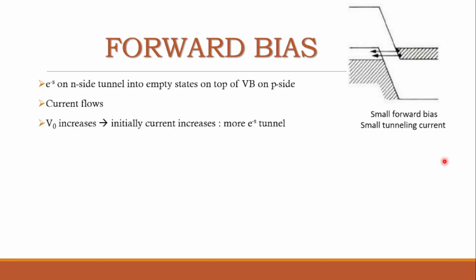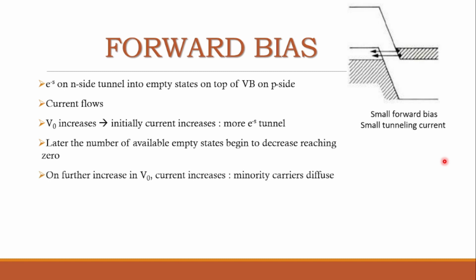And as V0 increases, initially the current increases as more electrons are able to tunnel. And beyond a certain bias, we can observe that the number of available empty states begins to decrease, reaching 0.